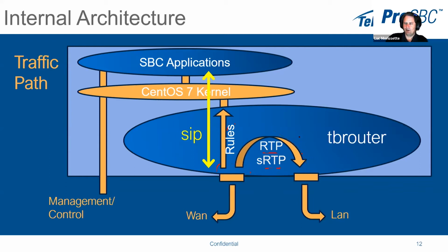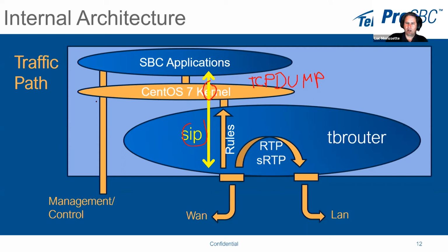And this also shows you why you cannot do a TCP dump here to capture the RTP traffic. If you do a TCP dump here, you will see the SIP traffic because it passes through here. You will see web traffic if you have a management interface here, and other traffic.